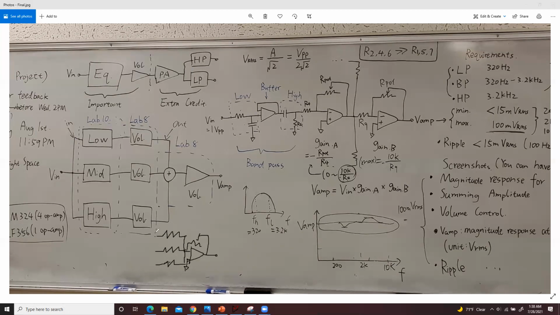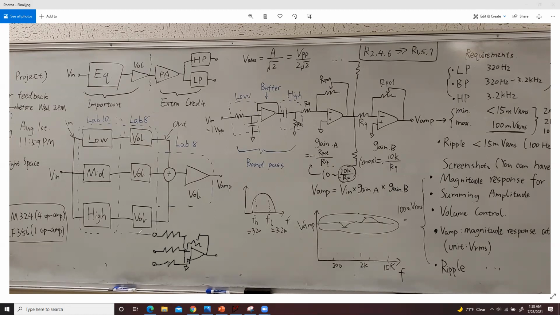But anyway, for example, for the summing amplifier here, you have 3 inputs and 1 output. What you can do to test it is, since you're using the AD2, you only have two outputs, so two function generators. So you can just test either two of them.